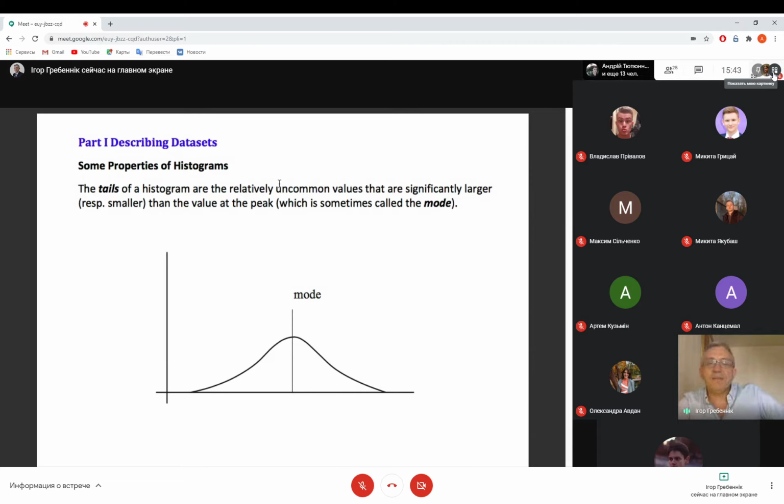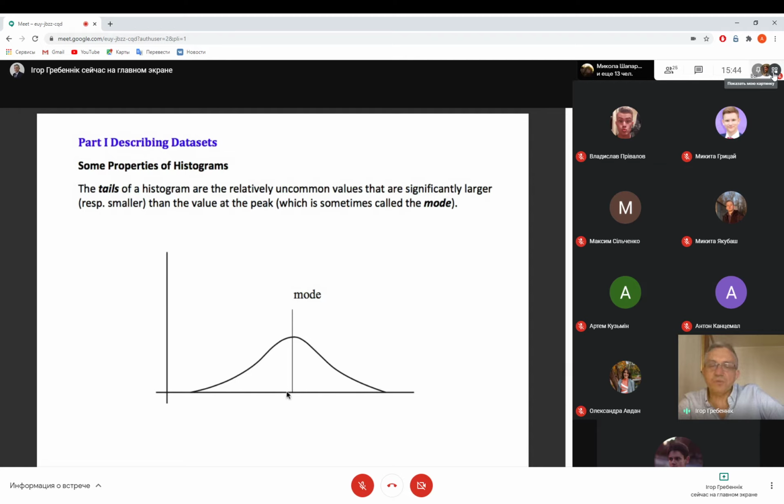These are elements which are significantly larger than the mean, like here, or significantly smaller. And the special title for these parts of the histogram is the tails of a histogram.